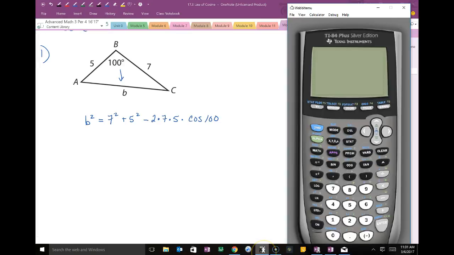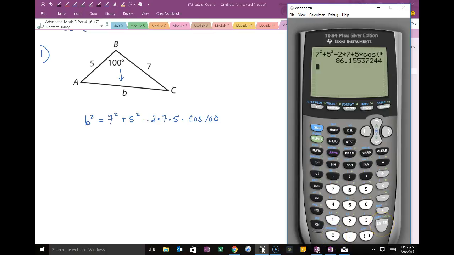Let me show you how I do it so that you don't mess it up. The way I do it is I type it all in as one single line, basically exactly as I see it. So I'm going to type 7 squared plus 5 squared minus 2 times 7 times 5 times the cosine of 100.